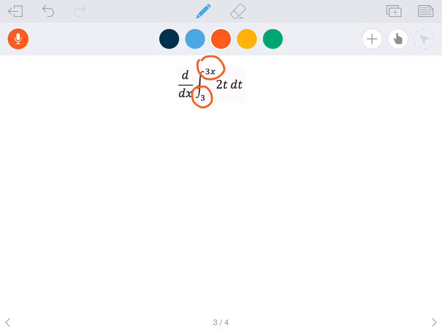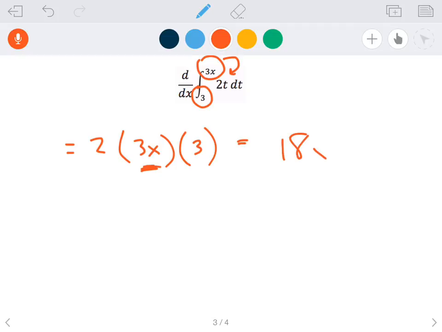And so I'm still going to take this and replace the t with that. So this is 2 times 3x instead of t, but now because this is a function, I have to multiply by its derivative. And so that is just 2 times 3 times 3 gives me 18x. And I'm done.